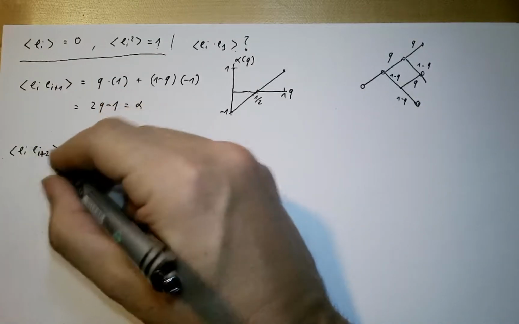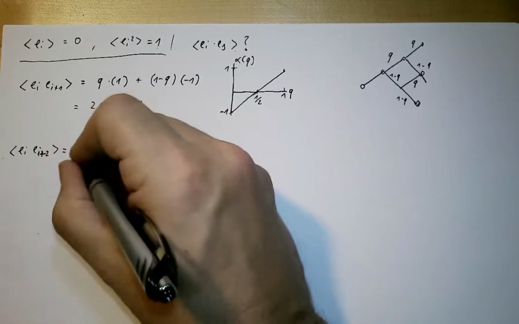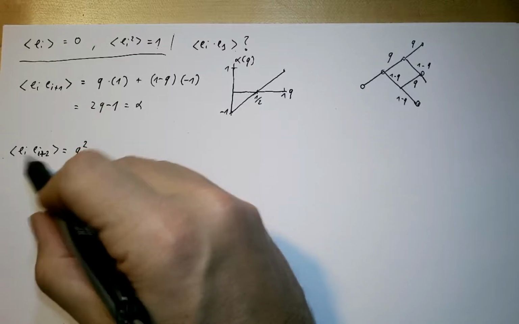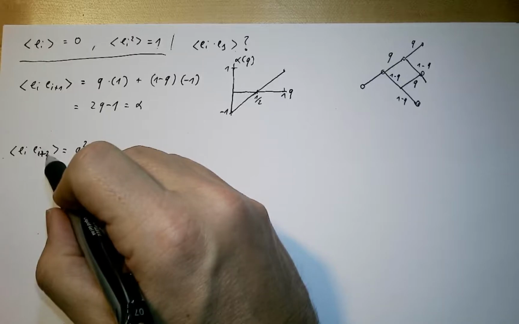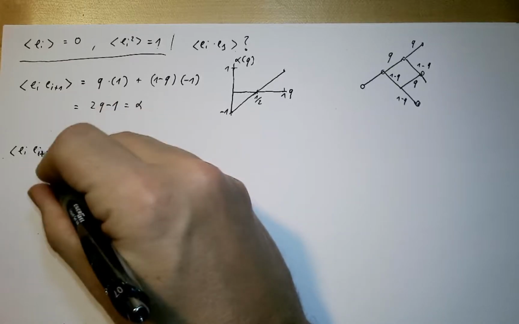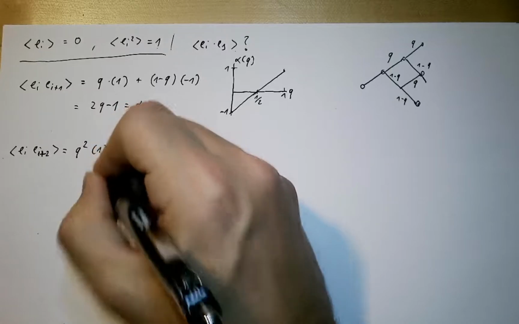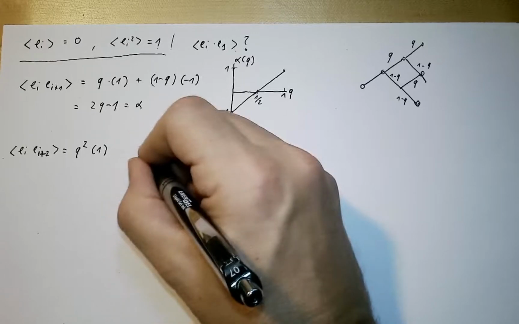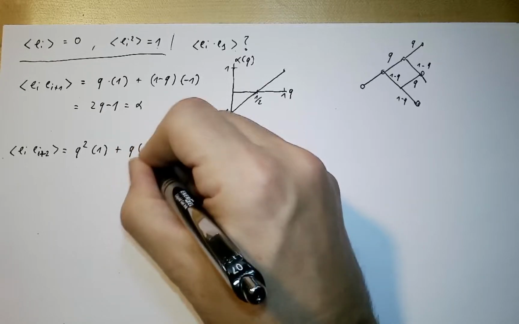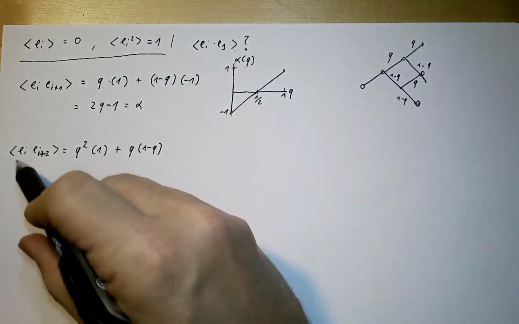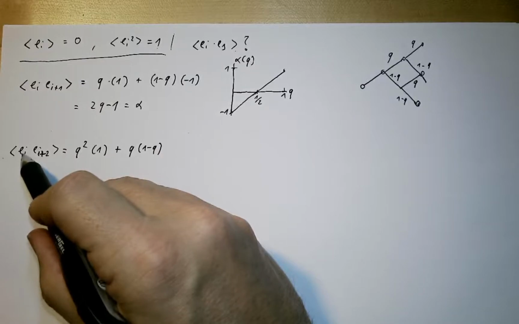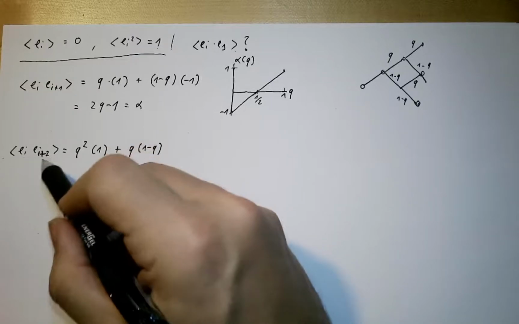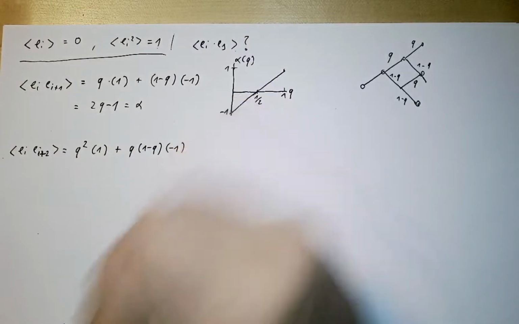So with probability q squared, we have the same sign as before, and so we multiply both of them and we end up with a +1. Then with probability q times 1 minus q, we once keep the sign of the increment and then we invert the sign. Since we have one inversion, we have a -1.